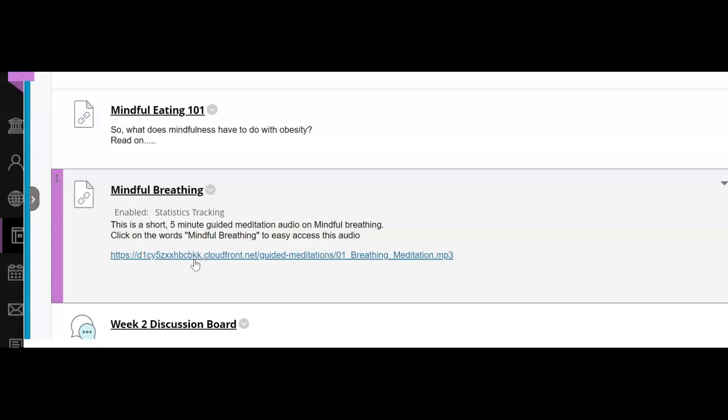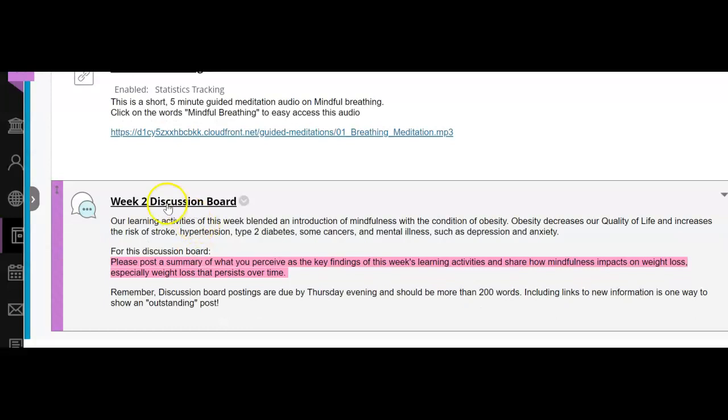So the last thing you're going to be doing is your discussion board. And as you recall, discussion board postings are due by Thursday evening. And for this one, we've learned that obesity decreases our quality of life, increases the risk of stroke, hypertension, type 2 diabetes, some cancers, and some mental illness such as depression and anxiety.